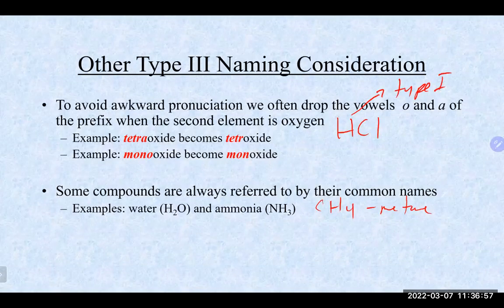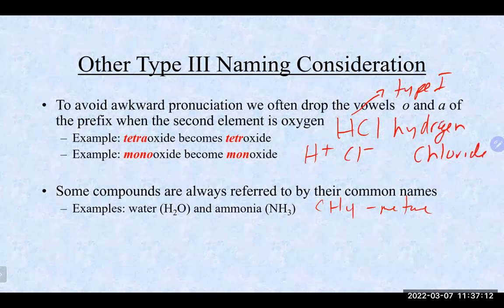We usually think of it like H plus and Cl minus. So we would just call this hydrogen chloride. Even though technically it's a nonmetal, it's pretty much named like a type 1 metal.